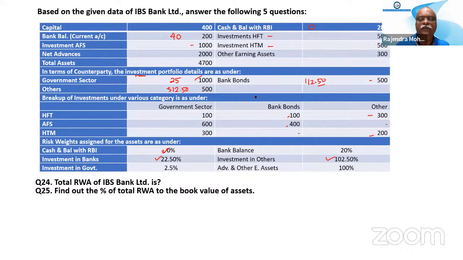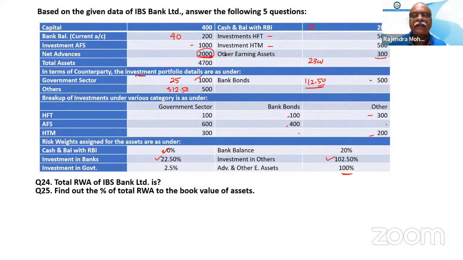Other than that, net advance is there. Net advance is 2000 and other earning asset is 300, so for the 2300 it is 100%, which means 2300. You can add this: 0 plus 40 plus 25 plus 512.50 plus 2300 plus 112.50. Where is this 2300 from, sir?